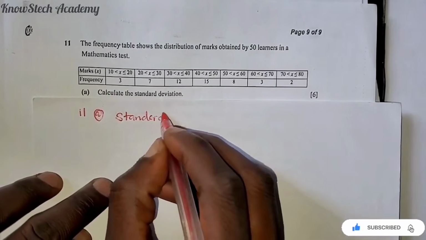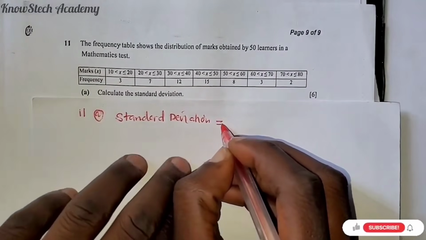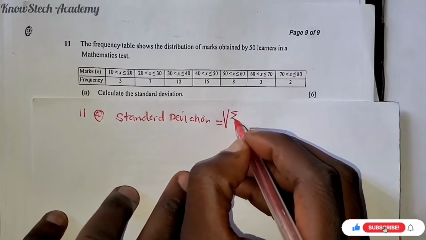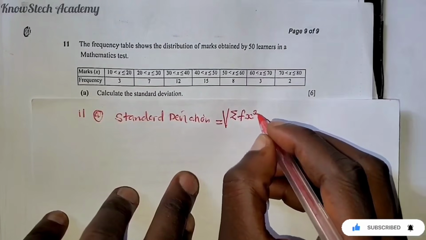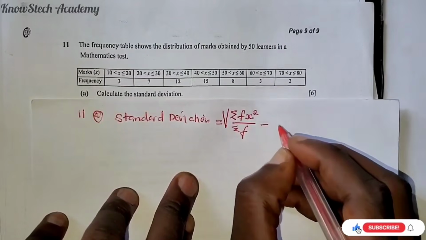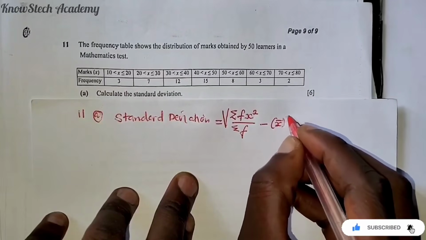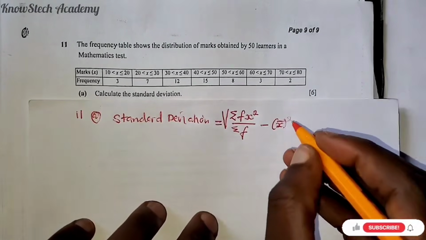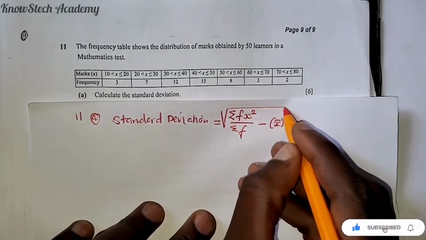Standard deviation is equal to the square root of the summation of fx squared over summation of f, which is frequency, minus x bar, the mean, close bracket, squared. Close bracket, squared. This is the square root.